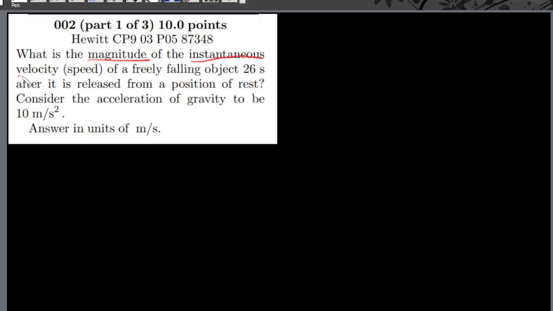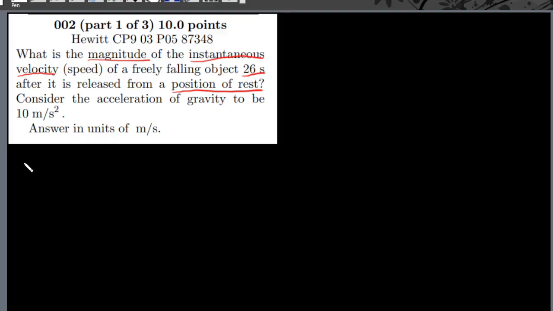So that could be considered VF if you want, just the ending velocity or speed, and it falls for 26 seconds. And it's released from a position of rest.